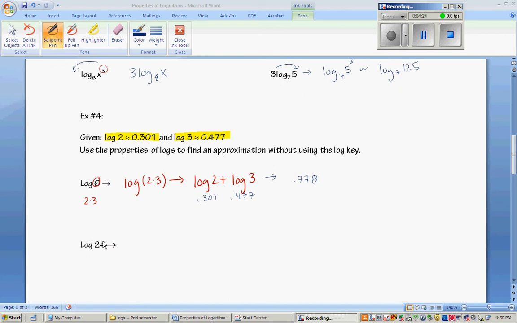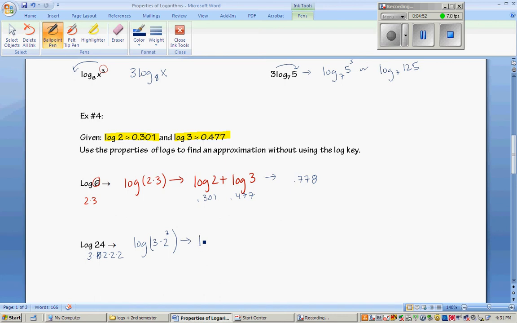Now to do log of 24, you can do any combination that you want, but I think of that as 3 times 8, and 8 can be written as 2 times 2 times 2, but instead of doing this out 3 times, let's just write it as 2 cubed. So we're going to be finding the log of 3 times 2 cubed.